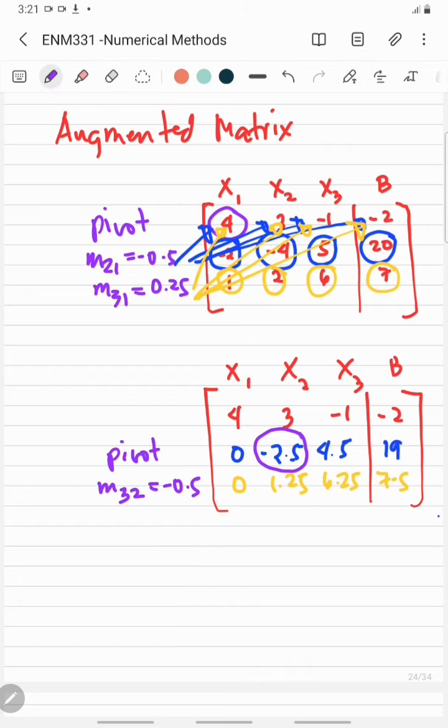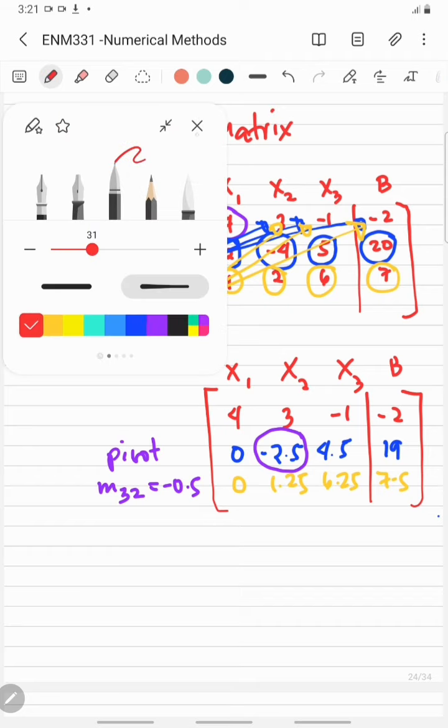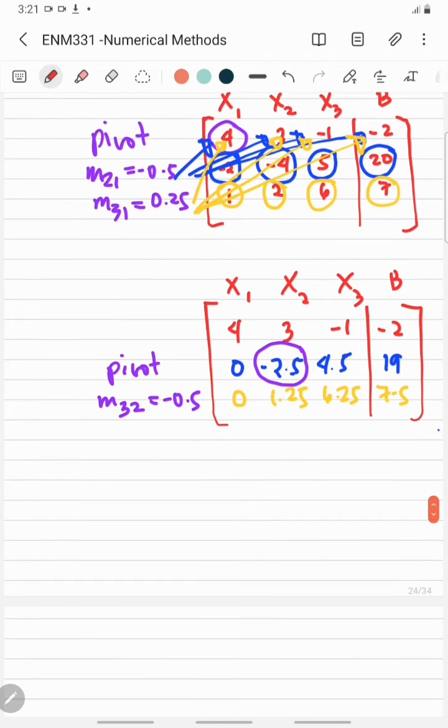Okay, so we have to write another augmented matrix. So we have x1, x2, x3. Then we have to copy the elements of the second row of our new augmented matrix.